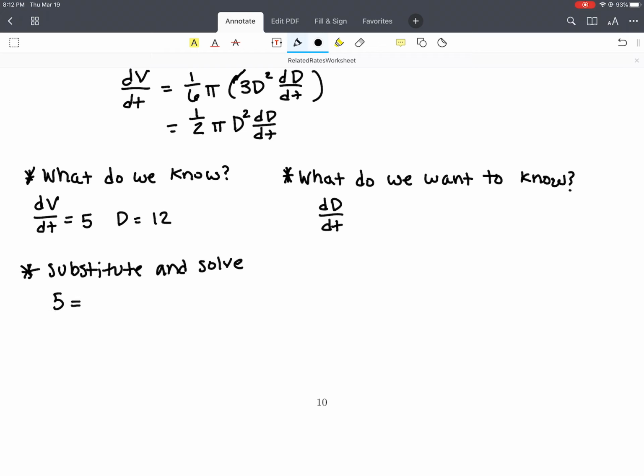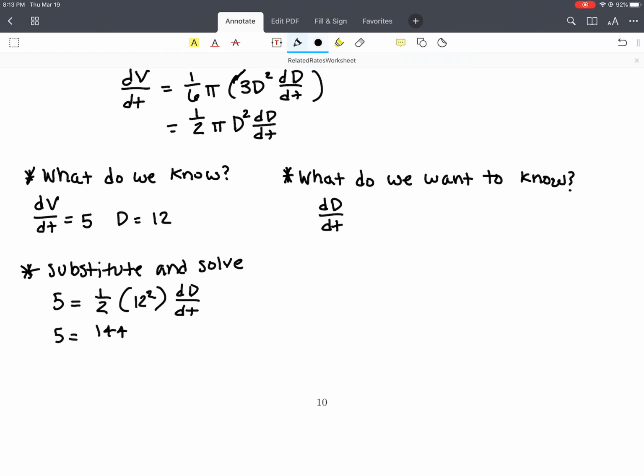So 5 is equal to 1/2 times 12 squared times dd dt. So 5 is equal to 144, there's a pi in there.